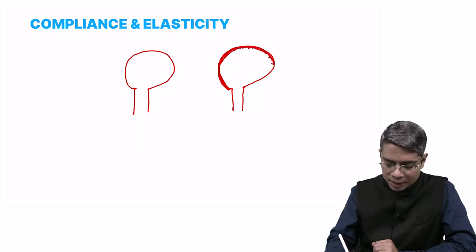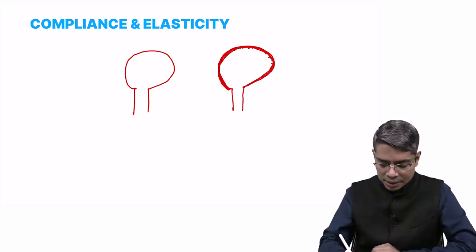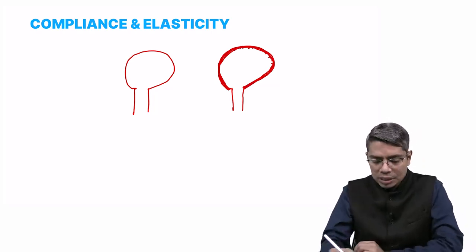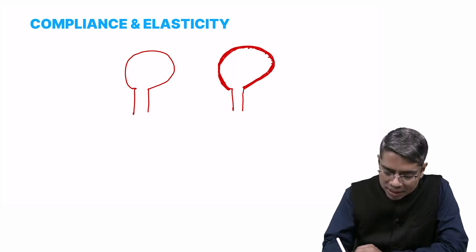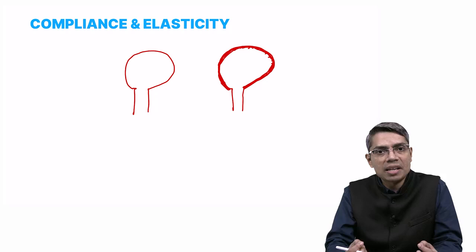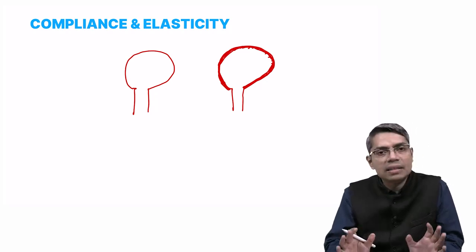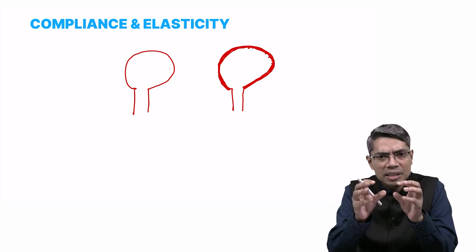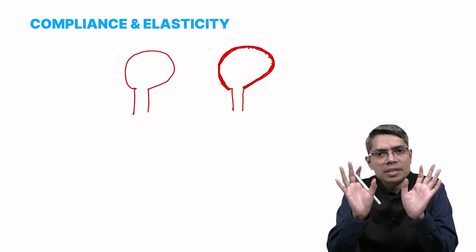We all know that a balloon is an expansile, stretchable structure and it contains rubber. If the wall of this balloon is a little thicker, it means the rubber is a little bit harder, and the other balloon is thinner. Initially both balloons have very little volume, a little expanded, and the initial volume is the same.